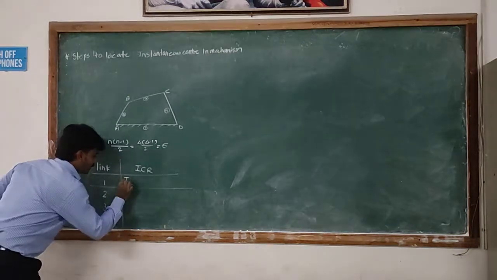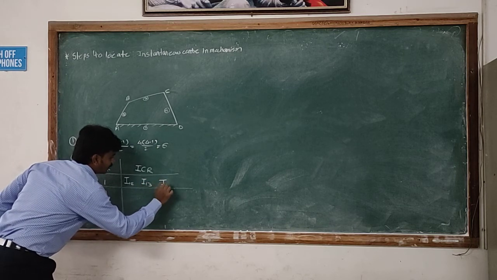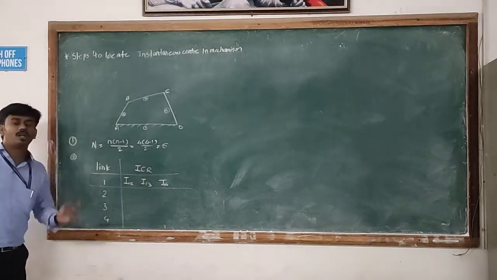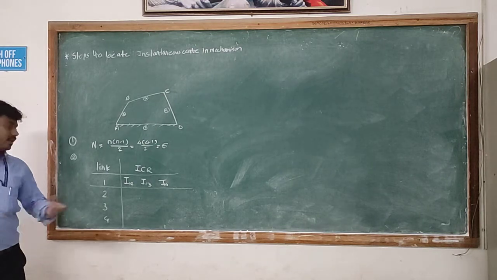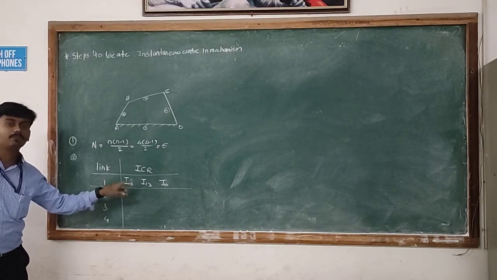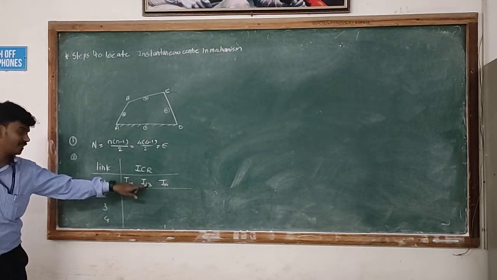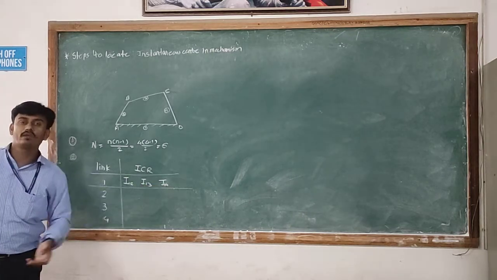The instantaneous center I12, I13, and I14. Always keep the first number as the smaller number and the second number as the larger number.